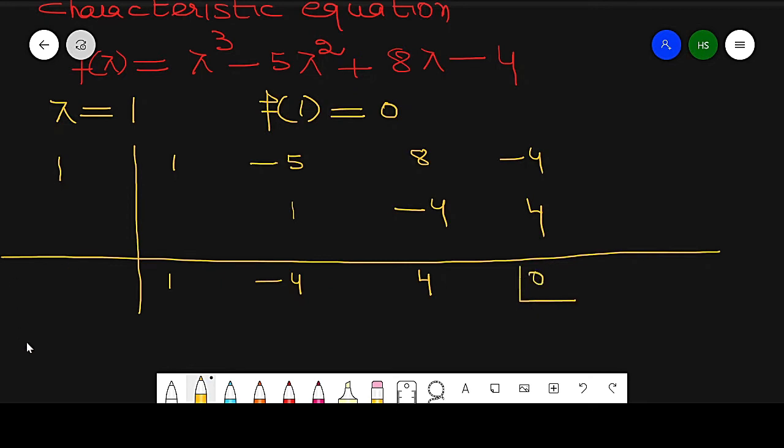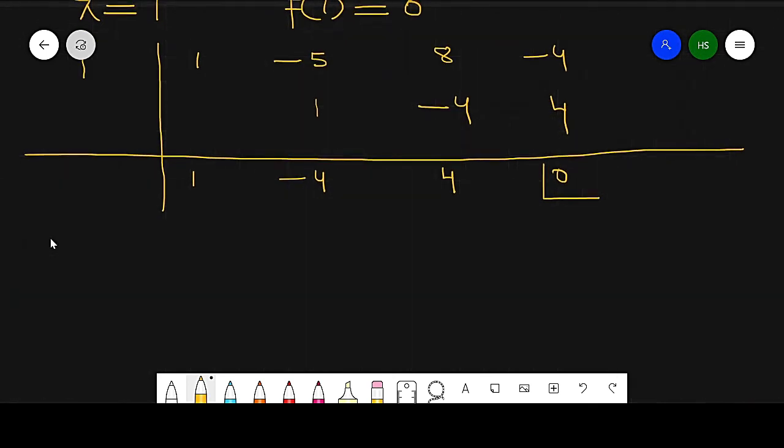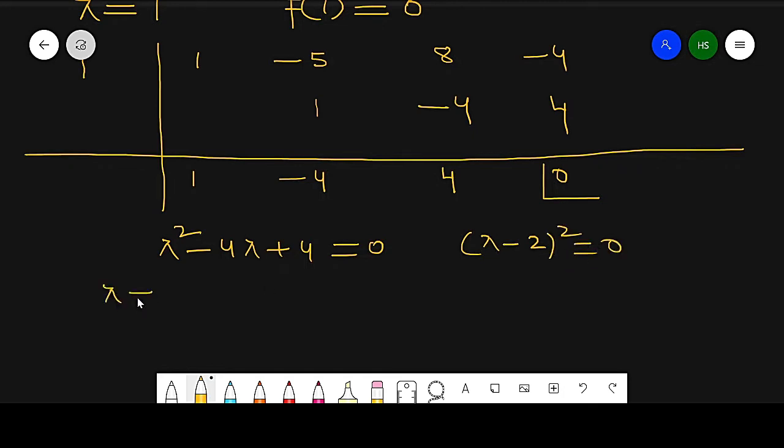The remaining equation is lambda square minus 4 lambda plus 4 equal to 0, which is lambda minus 2 whole square equal to 0. So this is a repeated root 2, 2.